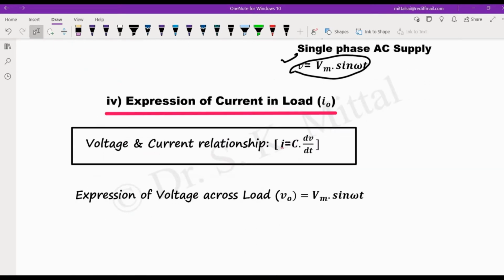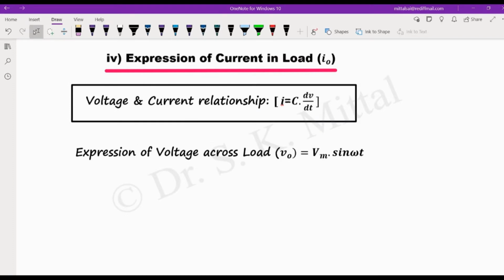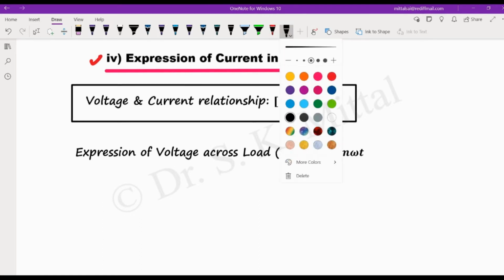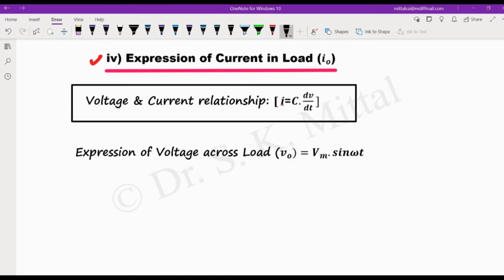Now the expression for load current can be calculated. We know that the voltage-current relationship for the capacitor is represented by I equals C dV by dt. We have calculated earlier that the expression for voltage across the load is V0 equals Vm sin omega t.